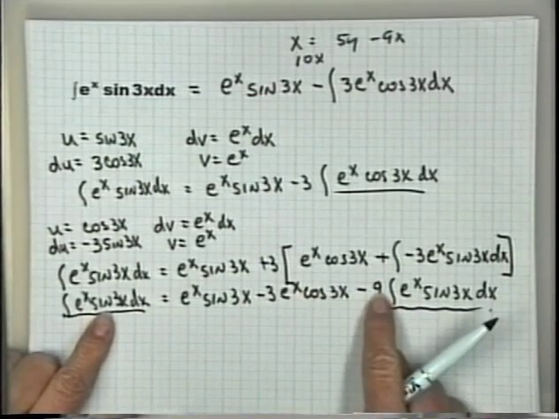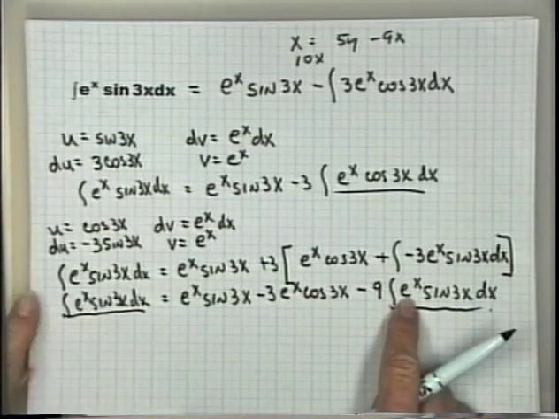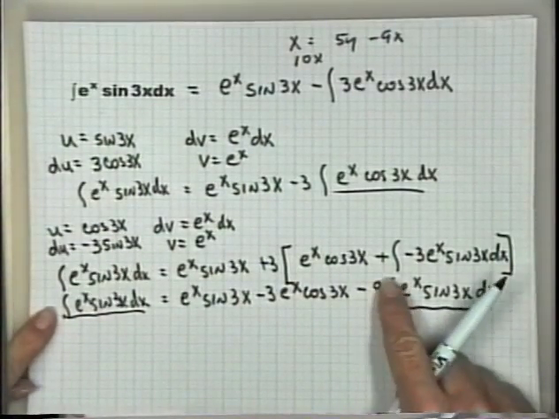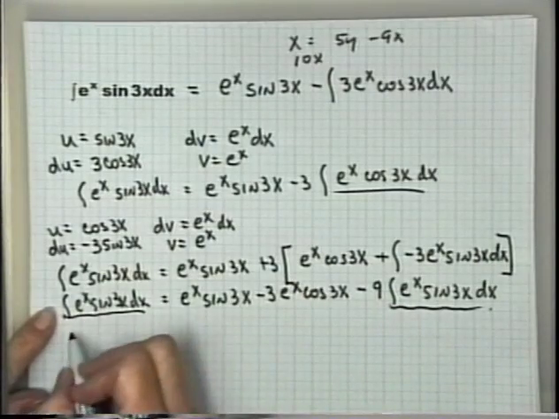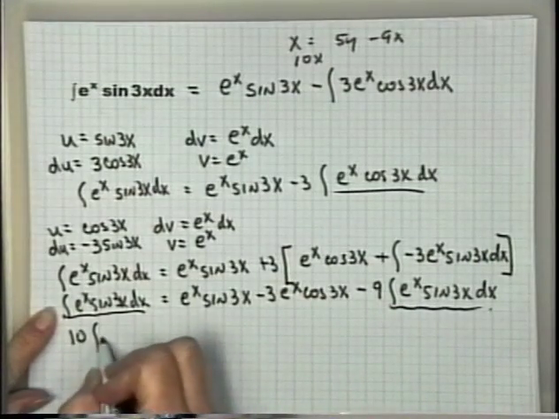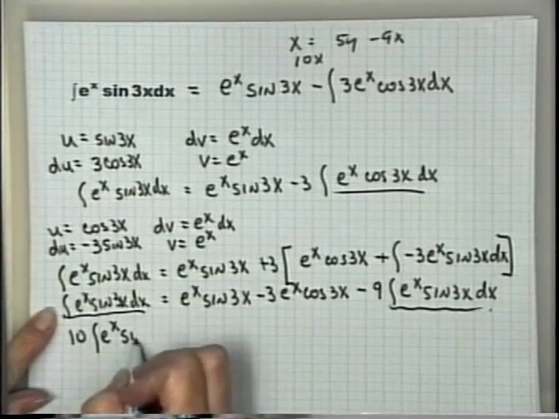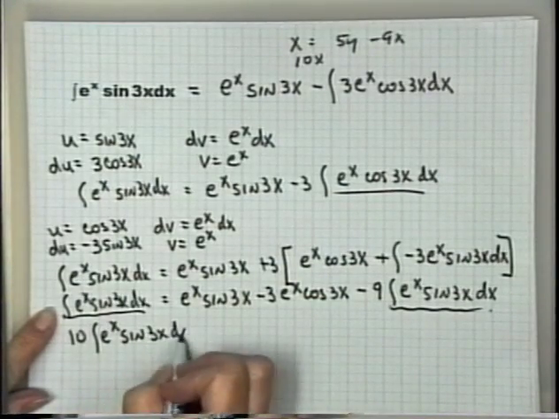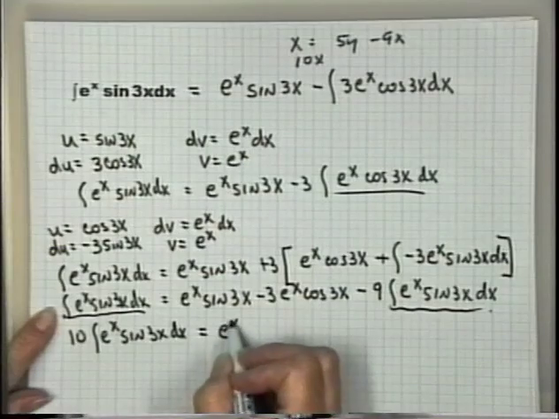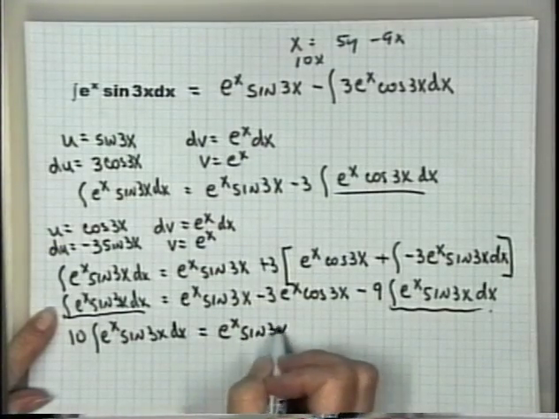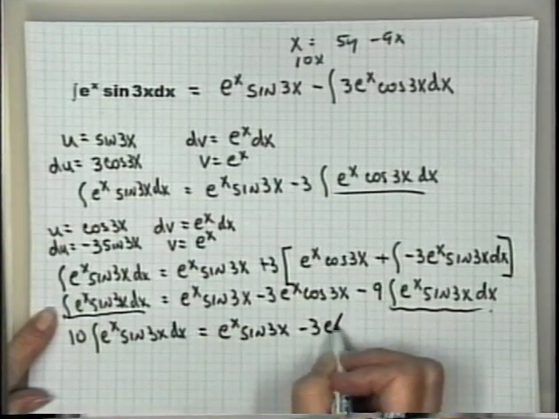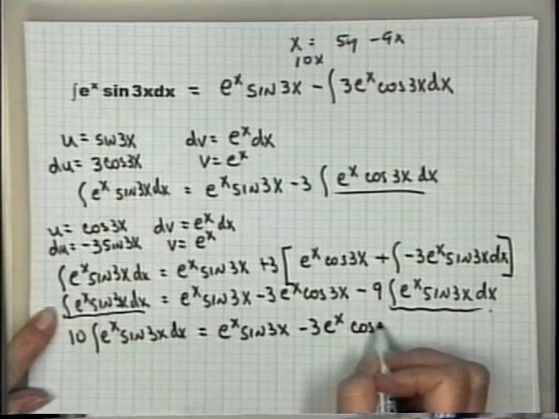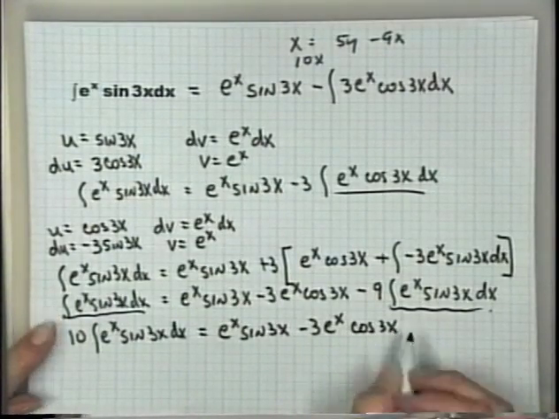I've got minus 9 of these integrals here. I've got one integral here. So I'm going to add 9 and bring it over here. I'm going to have 10 of these integrals of e to the x sine 3x dx equals e to the x sine 3x minus 3 e to the x cosine 3x.